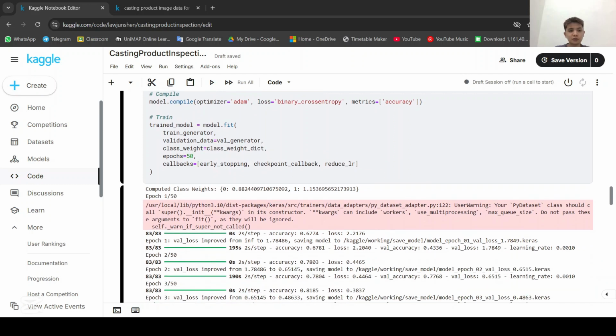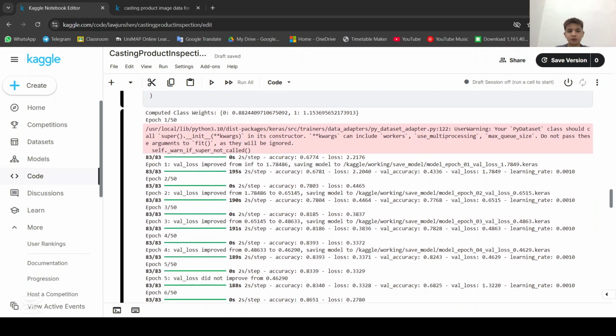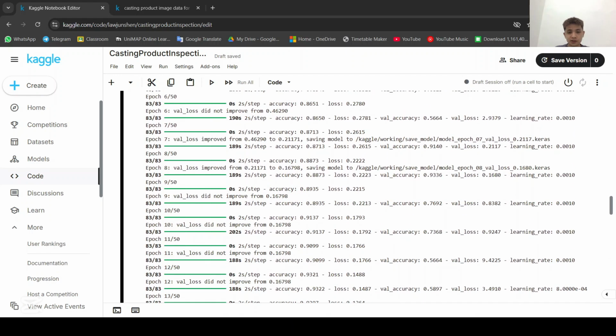After the compile, we directly feed the train data, validate data, class weight and all the callback techniques to the model. This training ran 50 epochs with the callbacks, so we can get a better, efficient, effective, and generalized model. So this is the previous process.